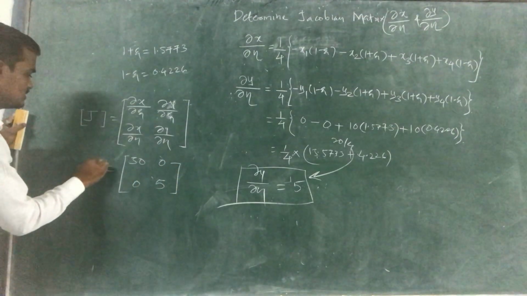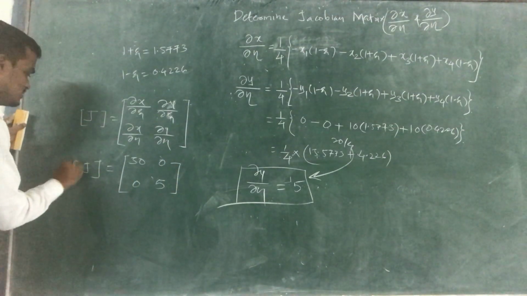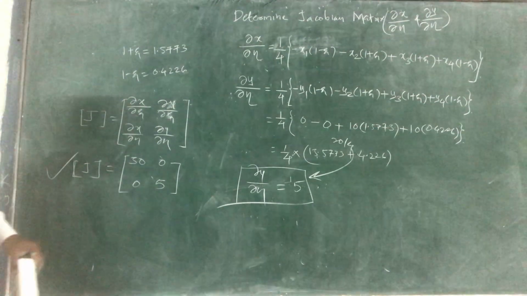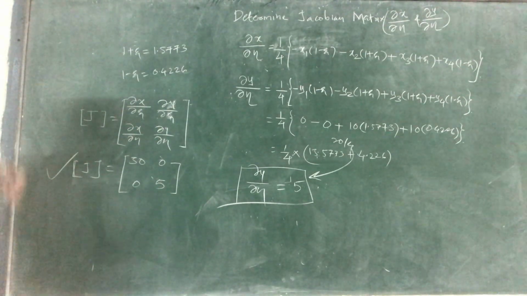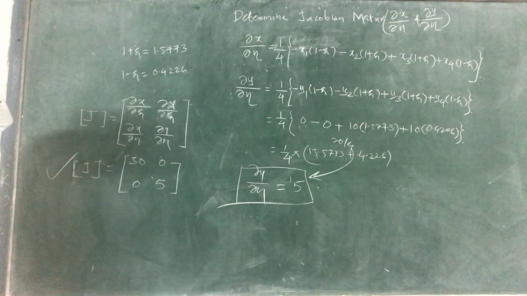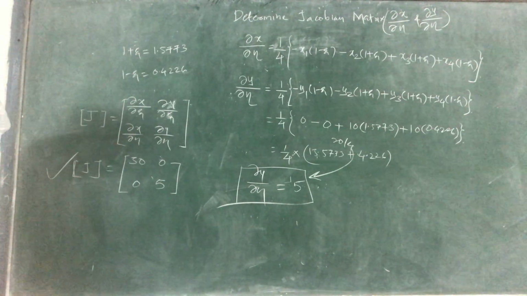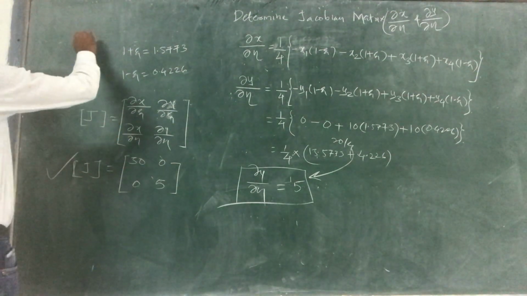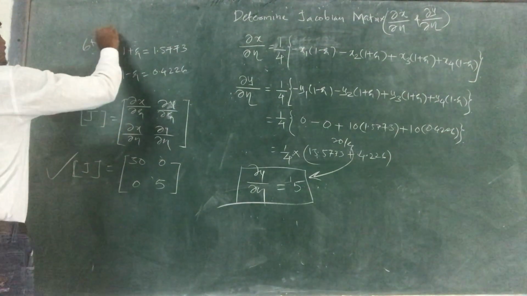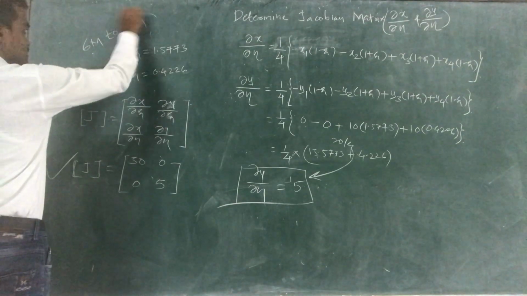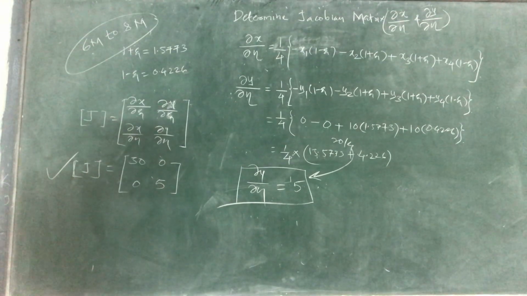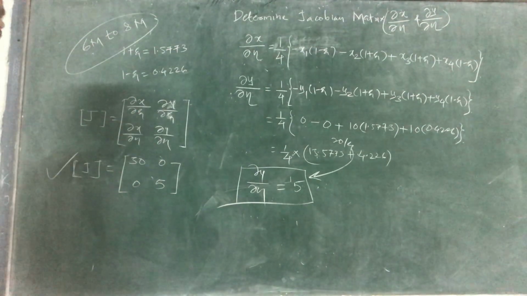So this is the final Jacobian matrix. Okay, so this is the procedure that you can use to solve for the Jacobian matrix, and such type of examples will be asked for 6 to 8 marks in your examination. Okay, so try to solve such type of examples at home.